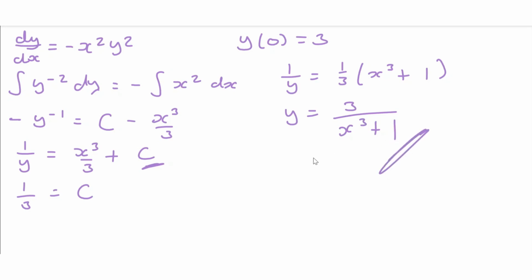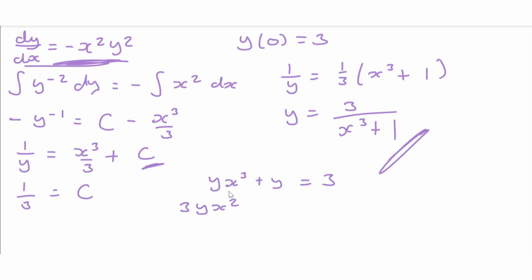Now we might want to check our solution, and the way we'll do this is by multiplying up and then differentiating implicitly. So according to this we have y x cubed plus y is equal to 3, and what we're trying to get back to is this result up here. So differentiating implicitly, first leaving the y term alone, we get 3y x squared.